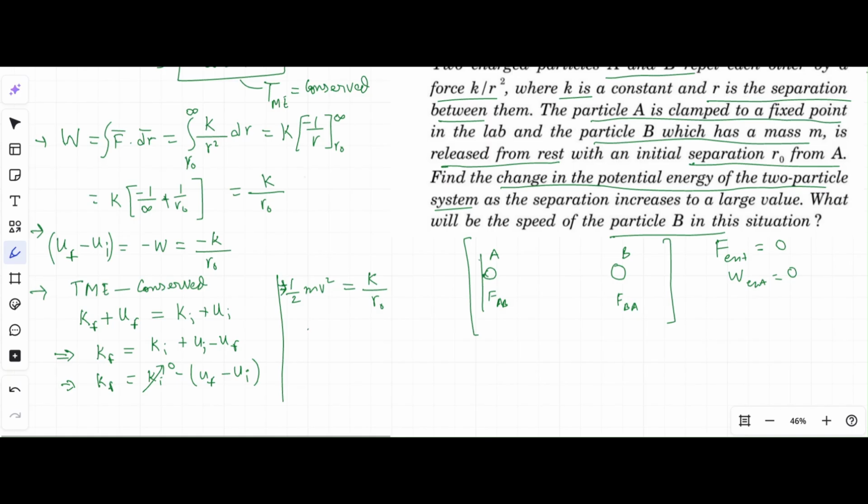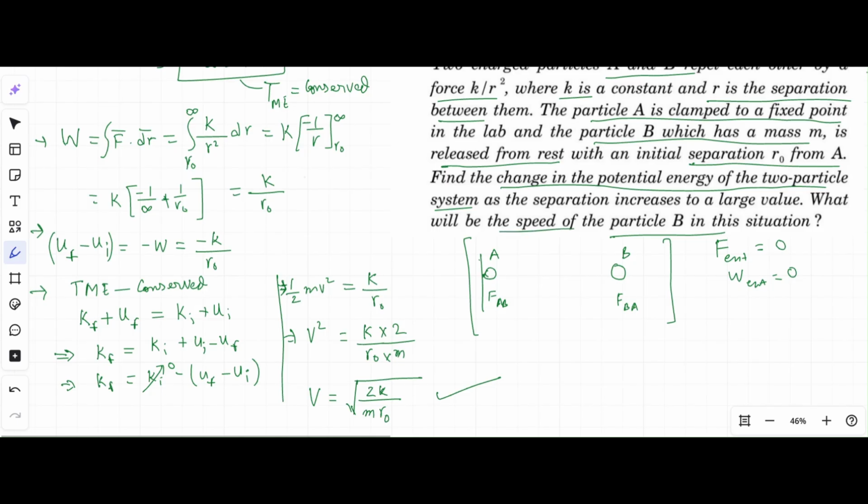So we can write v square is equal to K by r0 into 2 over m. So velocity is equal to under root 2K by m r0. So this is the answer for the second part.